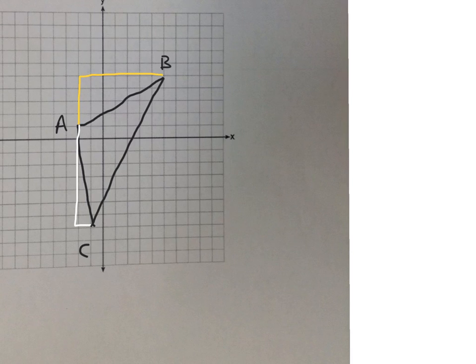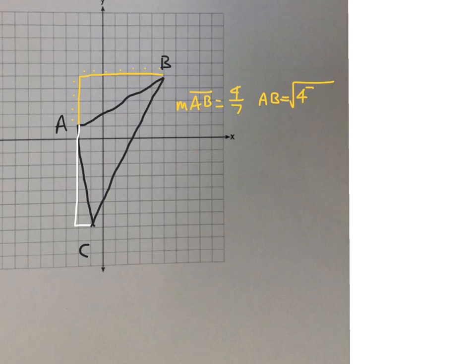We'll begin with the slope of AB, which is rising 1, 2, 3, 4 over 2, 3, 4, 5, 6, 7. So the slope is up 4 over 7.